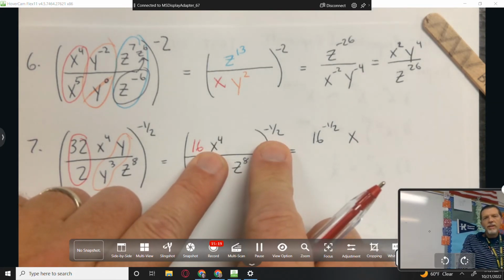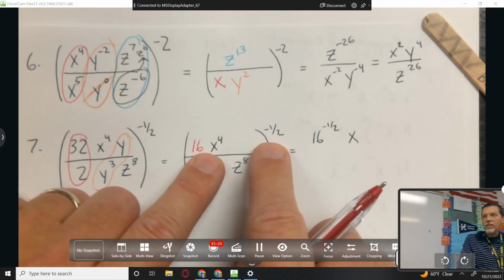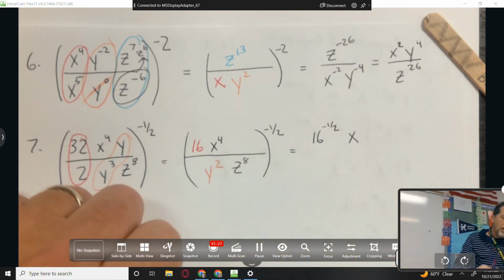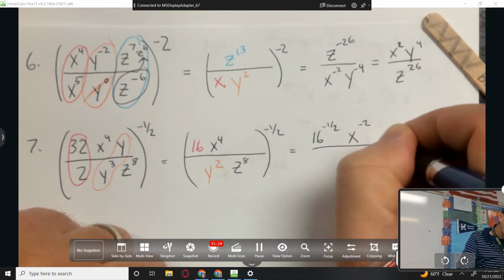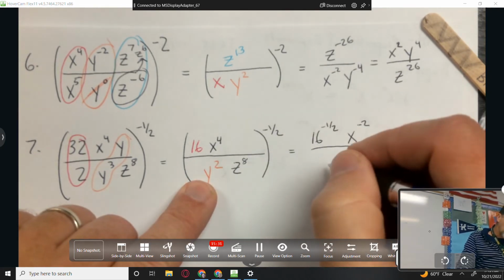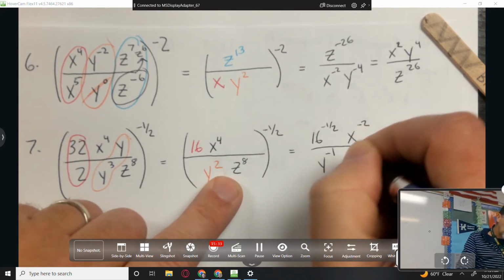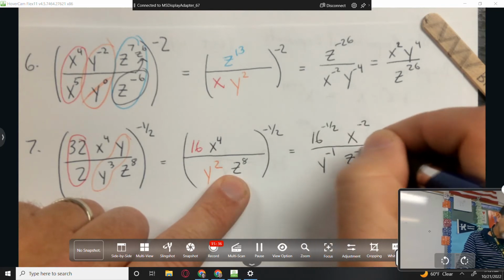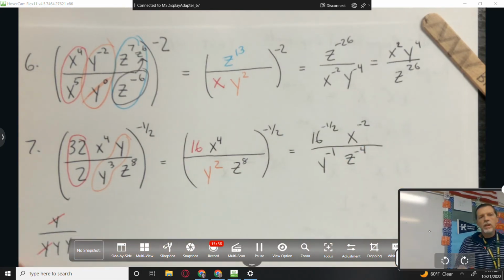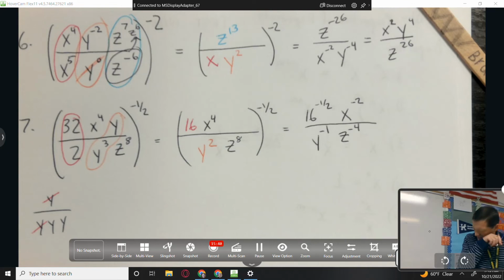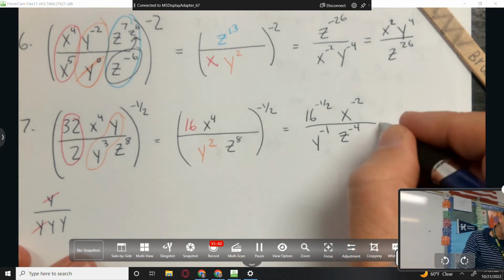Power to a power. X to the negative 2. 4 times negative 1/2 is negative 2. 2 times negative 1/2 is negative 1. And z to the negative 4. Thank you.